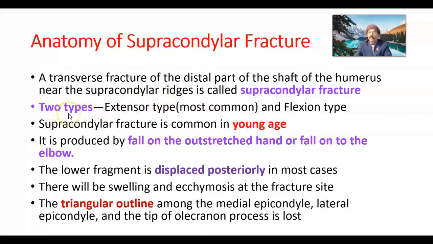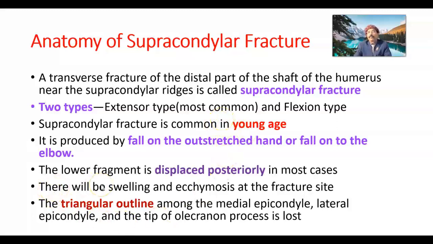Two types of supracondylar fracture: extensor type, the most common, and flexion type. Supracondylar fracture is common in young ages, maybe at the age of 5 to 12, and more common among the boys because they are more prone to have injury.